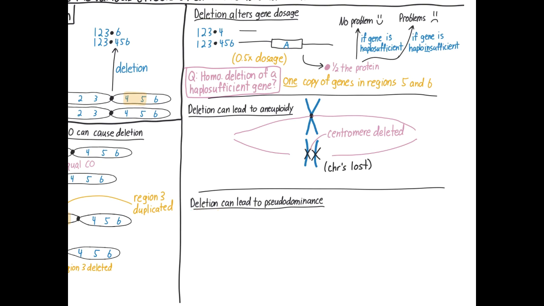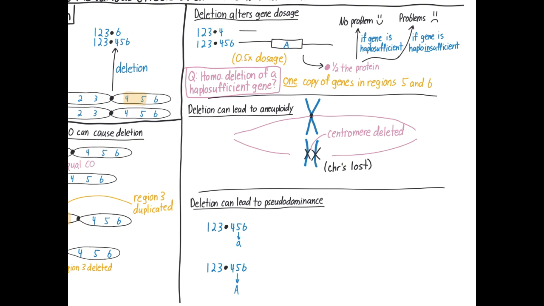Deletion can also lead to something called pseudodominance. Here are our two chromosomes. Let's say our A gene is in region 5, and that this cell is heterozygous, with this chromosome having a recessive small a allele and this one having a dominant big A allele.